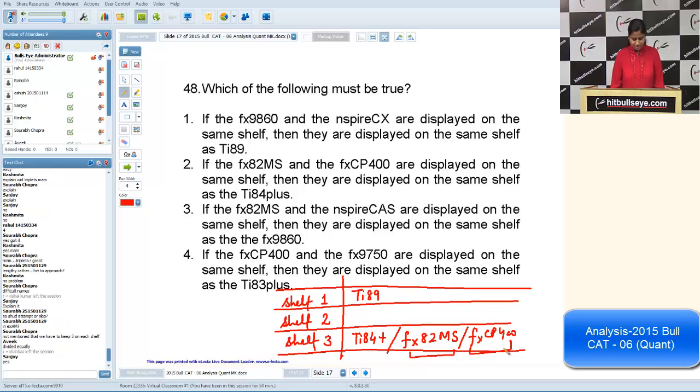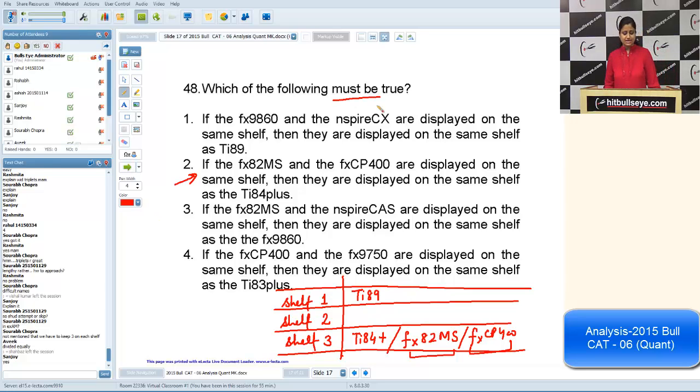Now, coming to question 48, it was which of the following must be true. So, if I take the option C, yes, it will be the answer. Second option must be true. Why so?